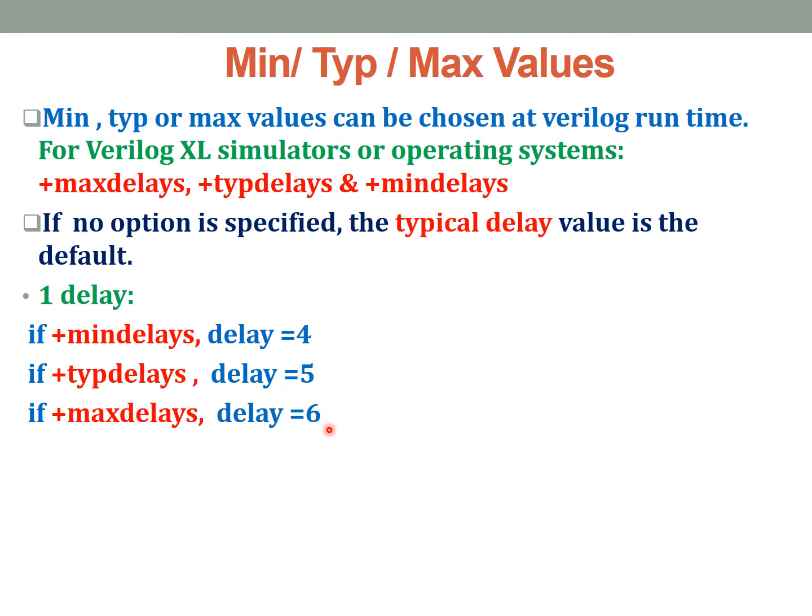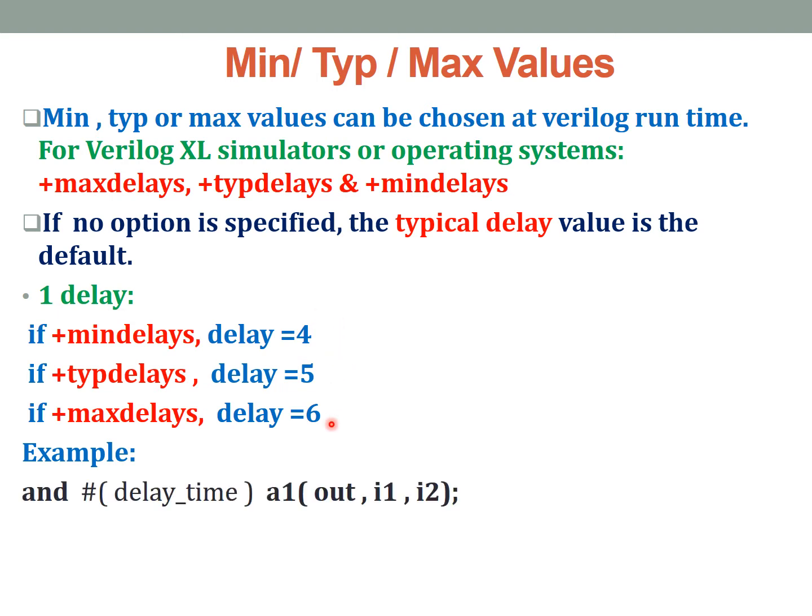So we saw the example where we mentioned only a single delay. In that case, let us see how the same example can now be shown using three additional controls of delays. So this is how we wrote AND #delay_time A1 (list of input output variables). We can observe here, in the first case we mentioned only AND #delay_time, a single delay. This single delay value can have 3 control levels.